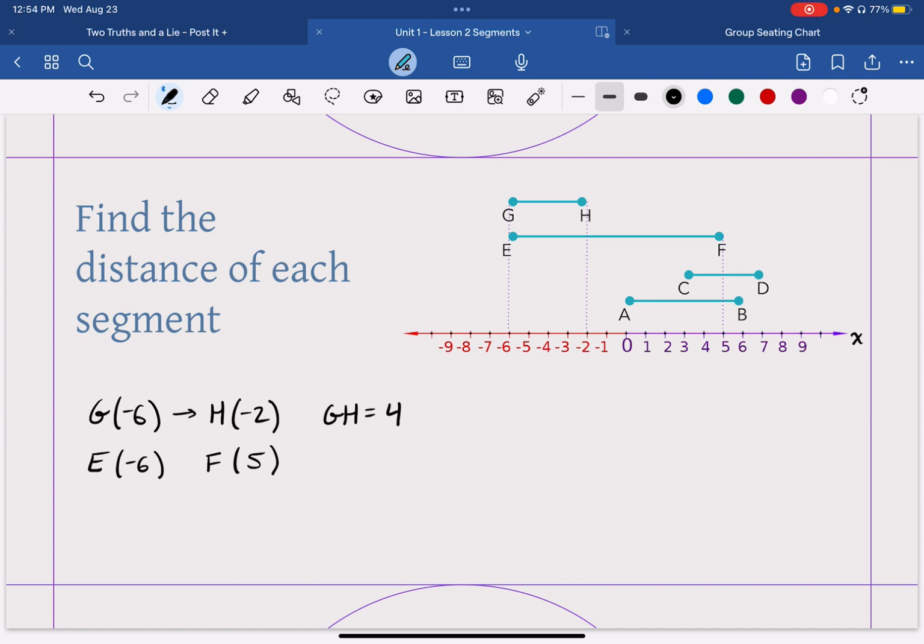Well, we can see that E is going to be 6 units from 0. We can also see that F is going to be 5 units from 0. And they're both on the opposite sides, okay? So we have essentially 6 units here.